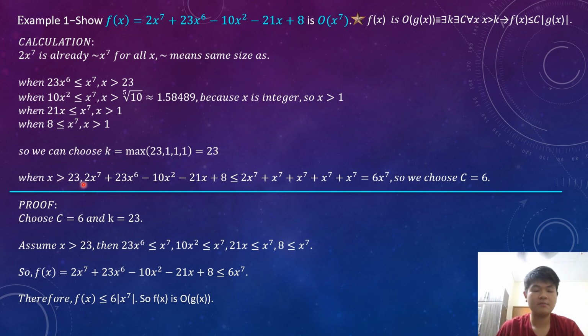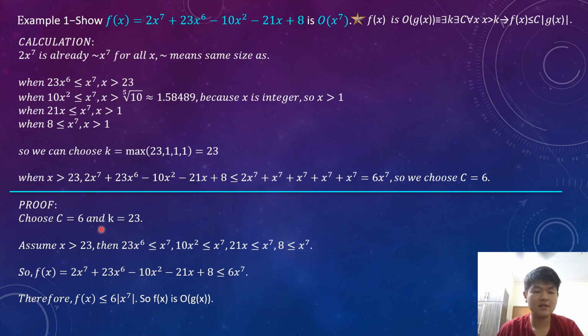When x is bigger than 23, then this term is smaller than or equal to this, because 2x to the power of 7 is the same as 2x to the power of 7, and the rest is smaller than or equal to x to the power of 7. Then adding it together, we get 6x to the power of 7.